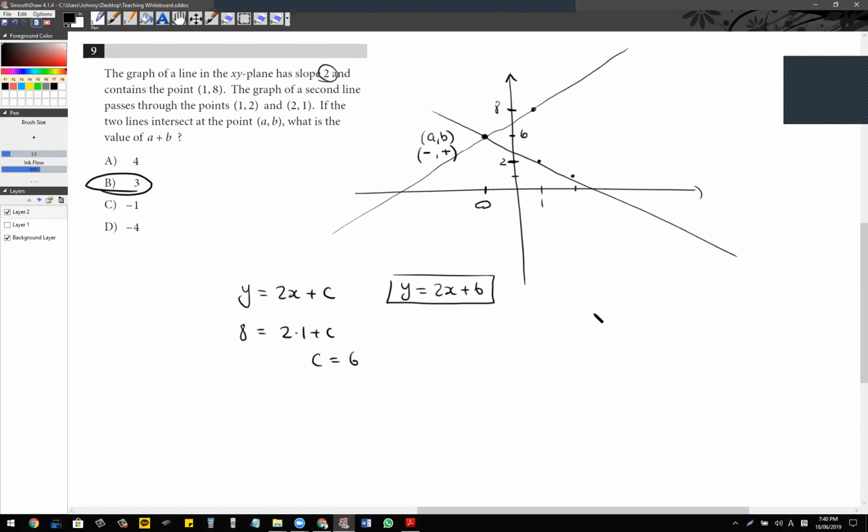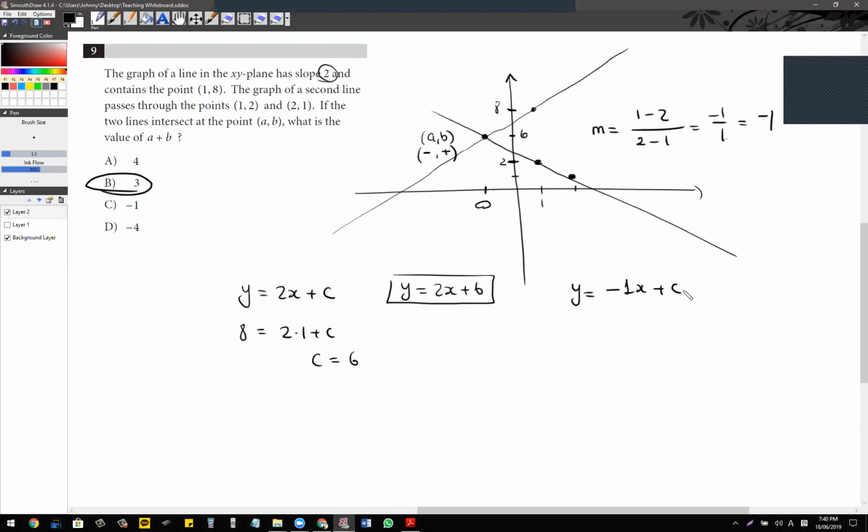The second equation is, you figure out the gradient. 1 minus 2 over 2 minus 1. That's negative 1. So the gradient is negative 1, and y equals negative x plus c.